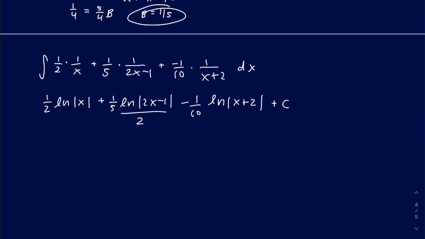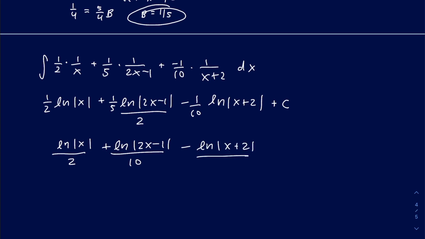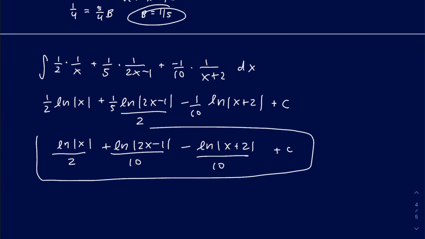And then when we simplify further, we get ln absolute value of x over 2, plus ln absolute value of 2x minus 1 over 10, minus ln x plus 2 over 10, plus c. And that is our answer.